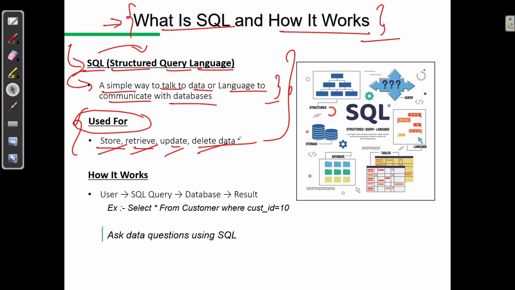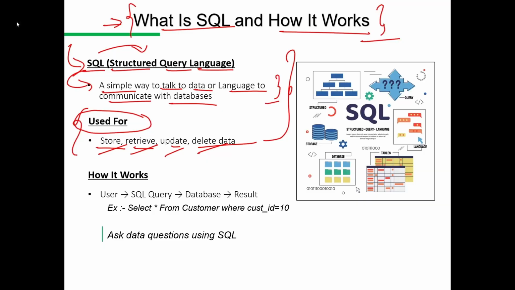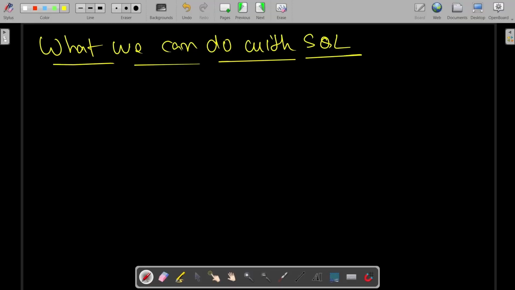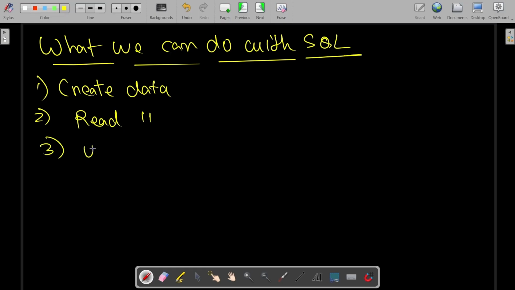So let's look into that. SQL helps in creating data. I will just write create data. Secondly, read data, then update data. Fourth, delete data. So yes, this is what SQL can do.